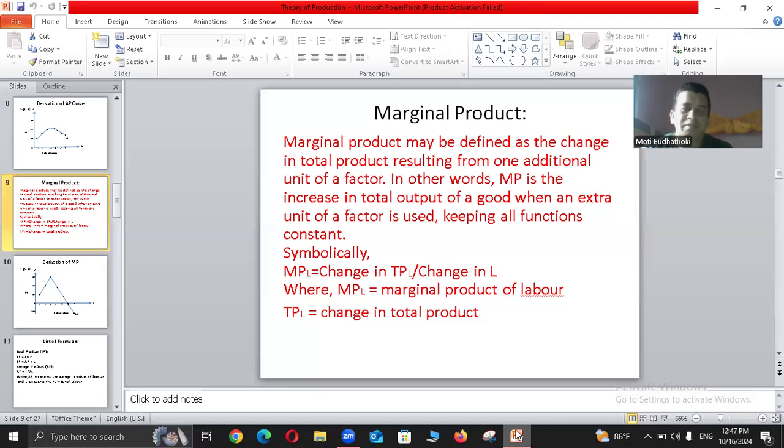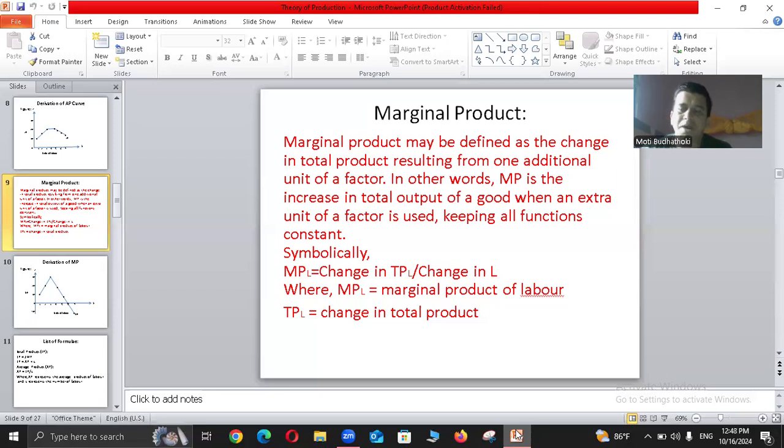So marginal product means the change in total product. If we get more amount of product by adding one unit of factor, it is called marginal product.